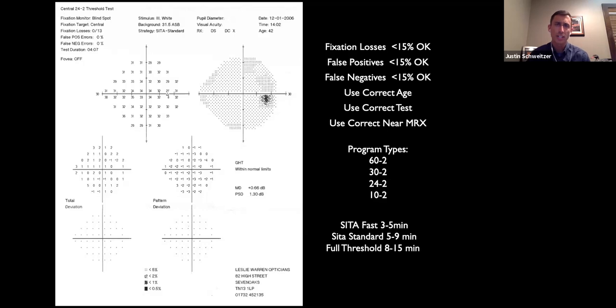The other question that popped up was, how do you document confrontational visual fields? Typically you document it as full to finger count, so FTFC, and you do it per eye. So when I'm doing it, I'll write FTFC, full to finger count, OD, comma, OS.